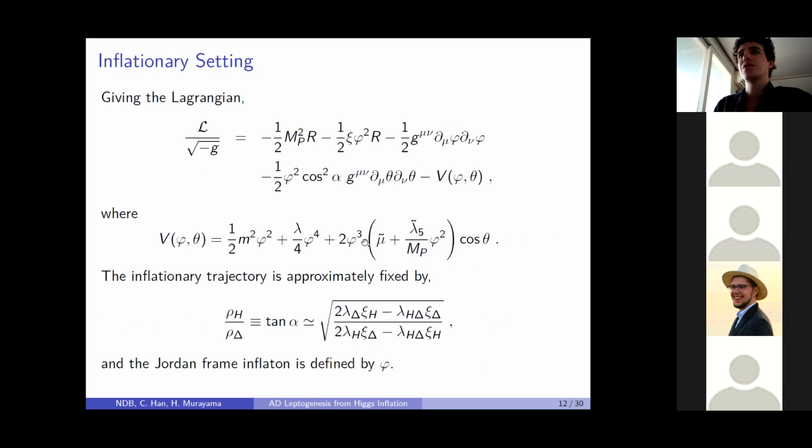Doing all these reparameterizations, we arrive at our Jordan frame potential as follows, with just our simple non-minimal coupling term here, and our potential and kinetic terms. So our potential reduces to be quite simple. And as expected, we have a five-dimensional and cubic component here.